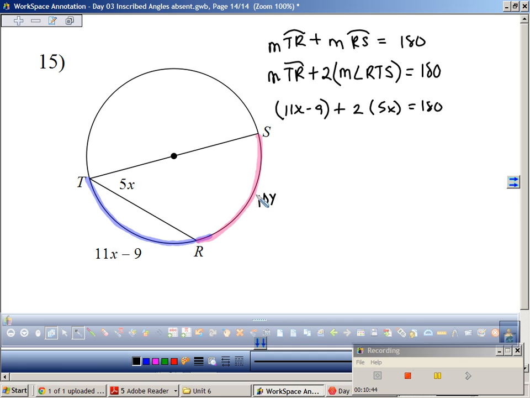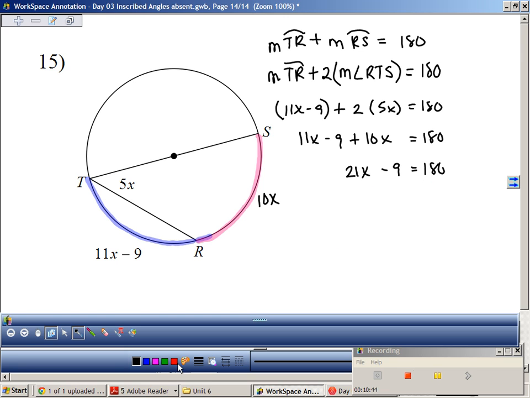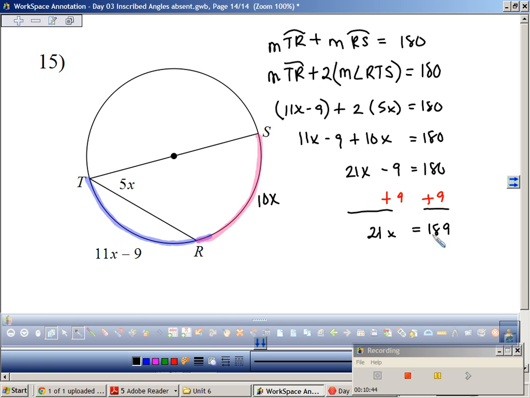Then I would just add them up and equal it to 180 degrees. So I have 11x minus 9 plus 10x equals 180. Then I have 21x's minus 9 equals 180. Add 9 to both sides. And you get 21x's equals 189, and x equals 9.